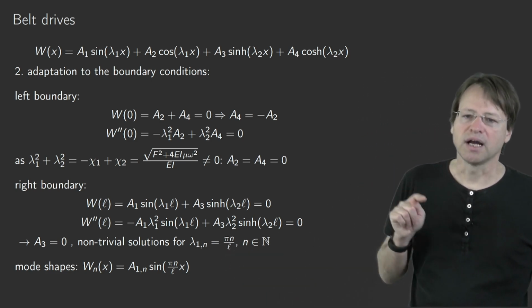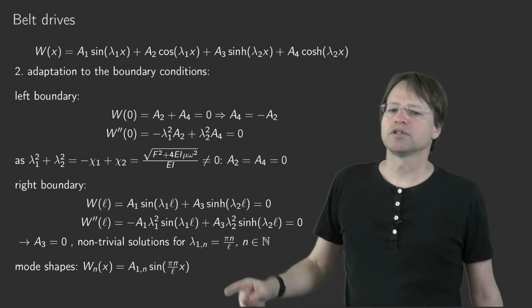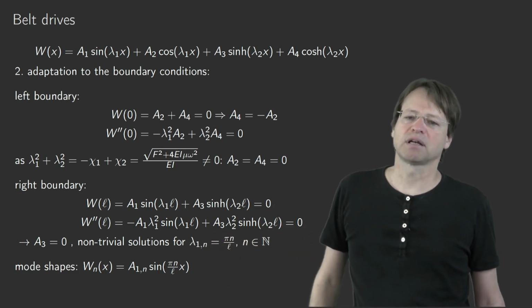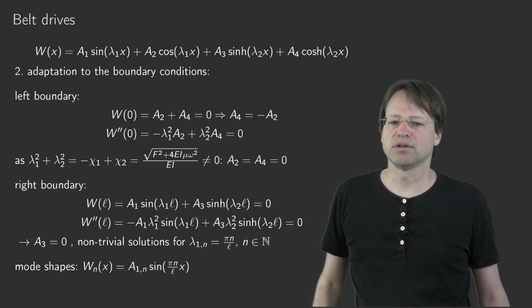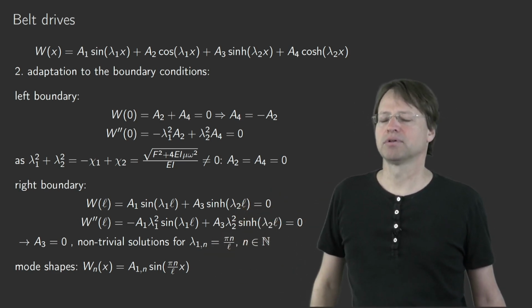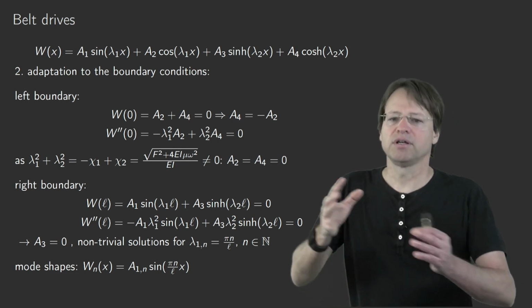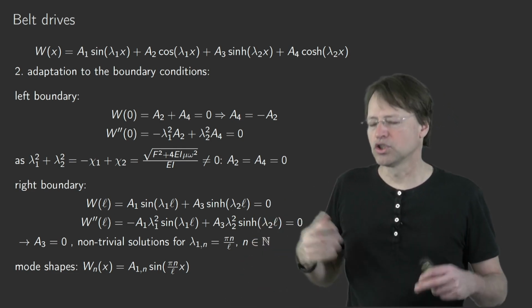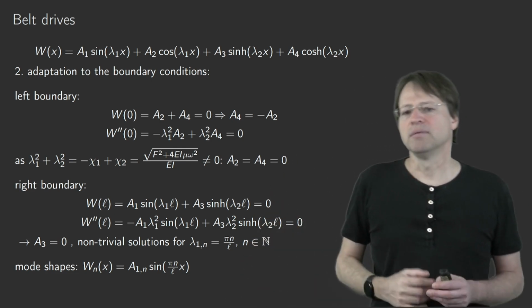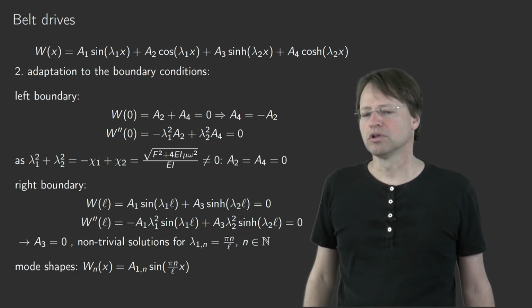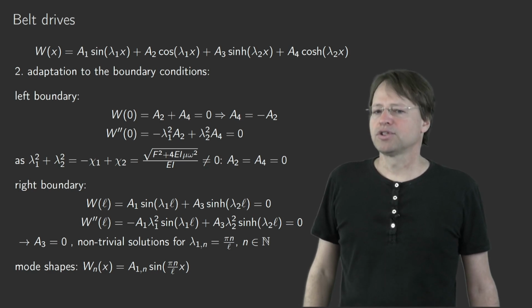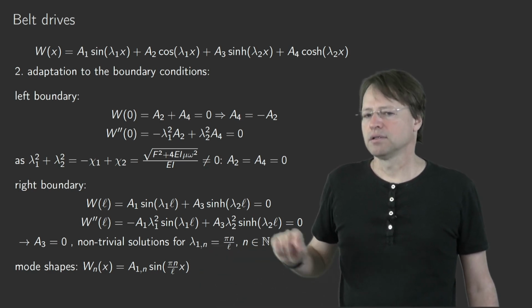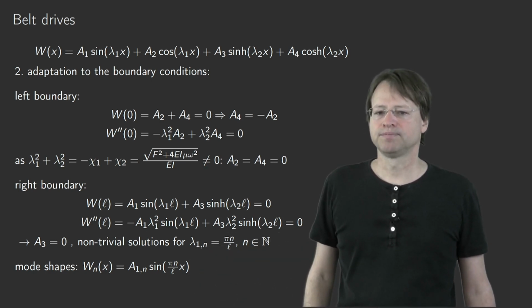And this fixes the eigenvalues. The corresponding displacements are called the mode shapes. So to each of these eigenvalues belongs a mode shape. The pair of eigenvalue and eigenfunction, or mode shape, is then called the mode, the vibration mode of that continuum. And you see that these eigenfunctions are then the sine functions.